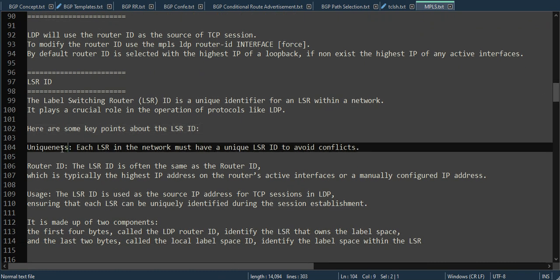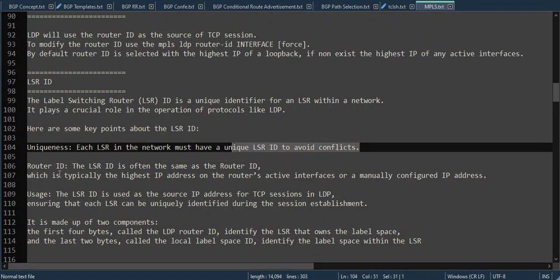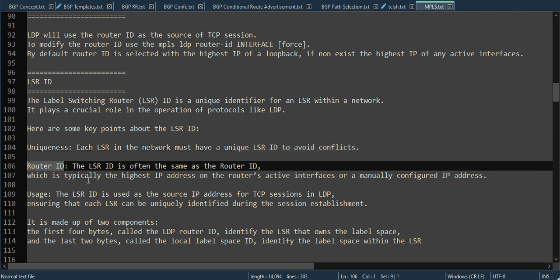Its uniqueness: each LSI in the network must have a unique LSI ID to avoid conflicts. The other one is the router ID. The LSI ID is often the same as the router ID, which is typically the highest IP address on the router's active interfaces or a manually configured IP address.